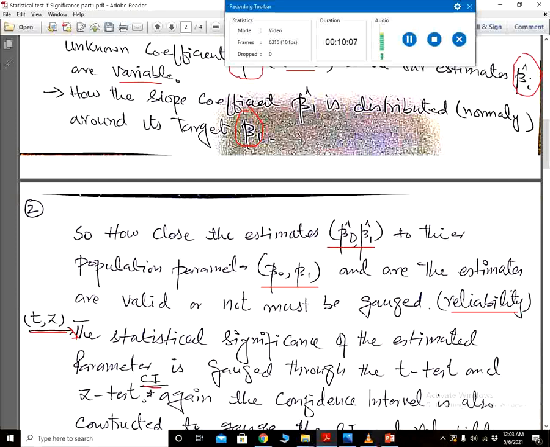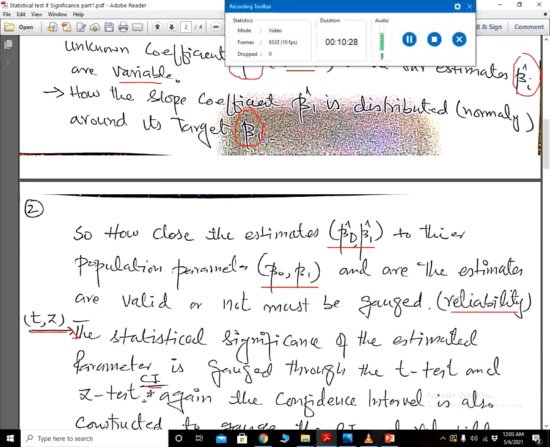Now you have grasped the concept of why we are going to test the statistical significance of the coefficients: we have estimated these coefficients from the sample data, and sample data is a small part of the population, and the population parameters beta naught and beta 1 are unknown.